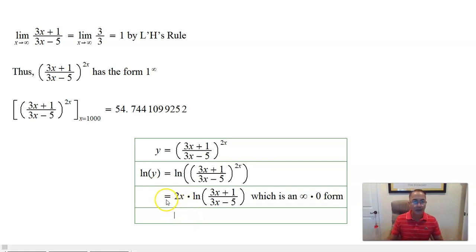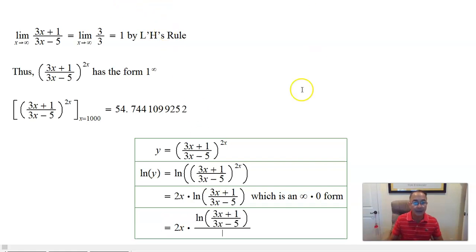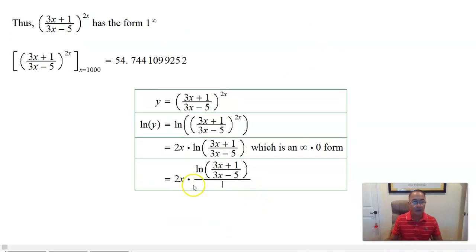So let's do some algebra first. We can keep the 2 outside, and we will turn this into a fraction. We'll put the ln in the numerator, and in the denominator, we will put the x. So the x turns into 1 over x.